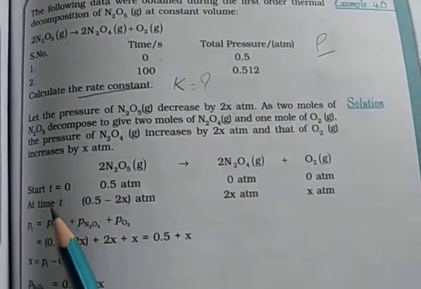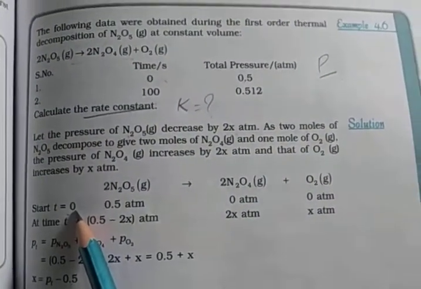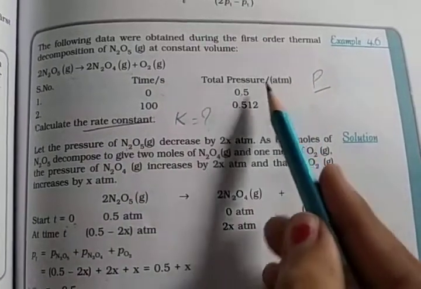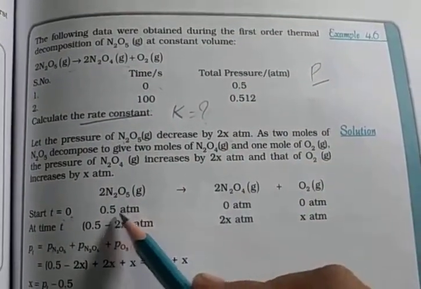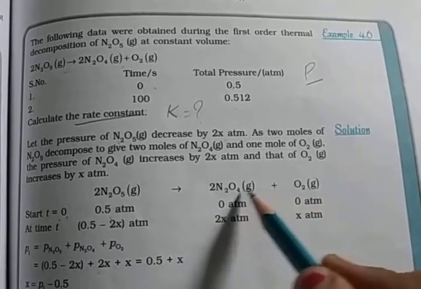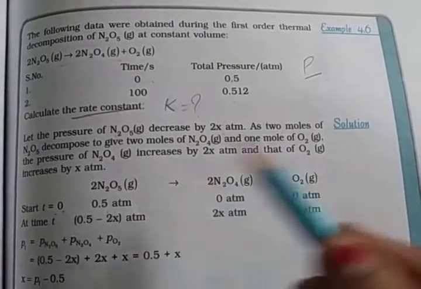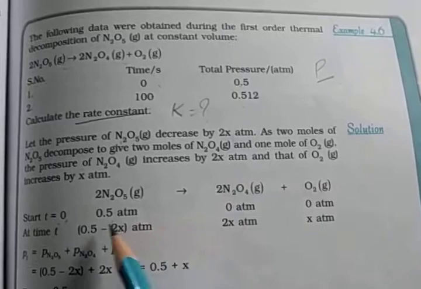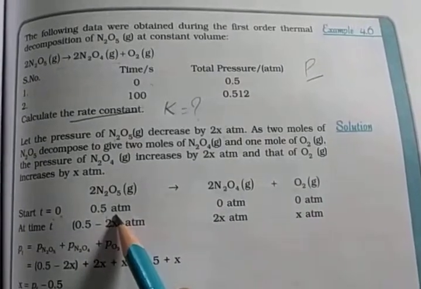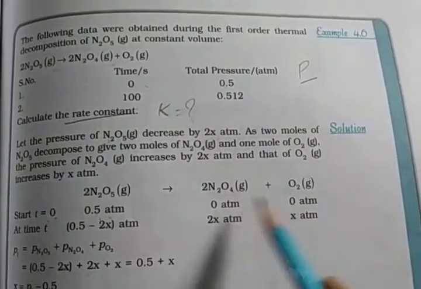So here you see at start, T equals 0 time, pressure is given 0.5 atm, and the products are N2O4 plus O2. Initially, because the reaction has not started, only the reactant has pressure 0.5 atmospheric pressure, and the products 0.